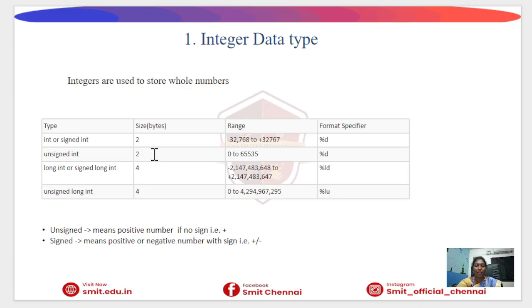So we save age as an unsigned integer. If a value can be negative, we use a signed integer. Unsigned integers are used mostly where negative values are not required.